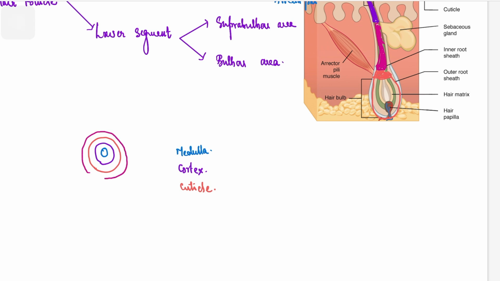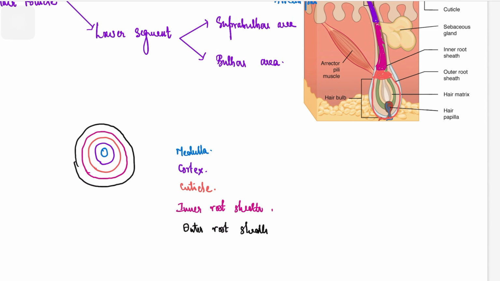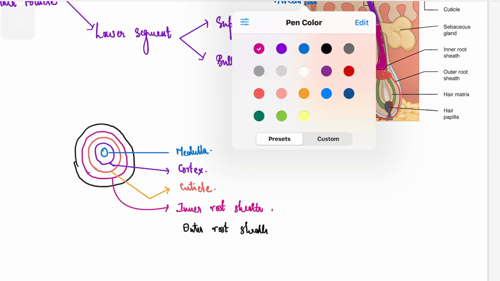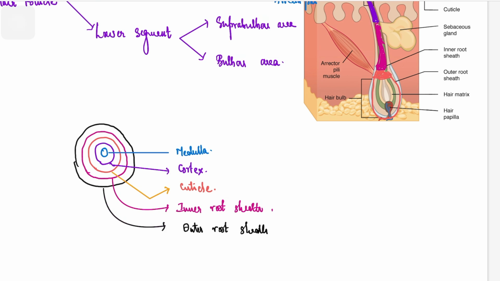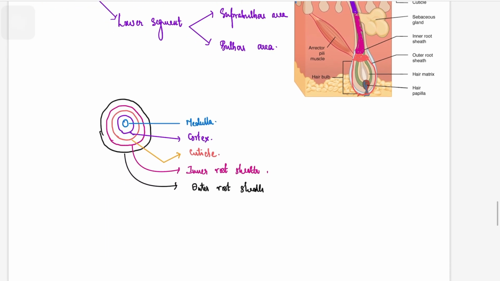Surrounding the cuticle you see a sheath called the inner root sheath, and surrounding the inner root sheath you see another sheath called the outer root sheath. So the innermost layer is the medulla, next is the cortex, then the cuticle, then the inner root sheath, and the outermost layer is the outer root sheath. This is about the cross section of the hair.